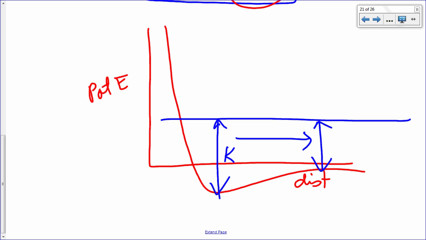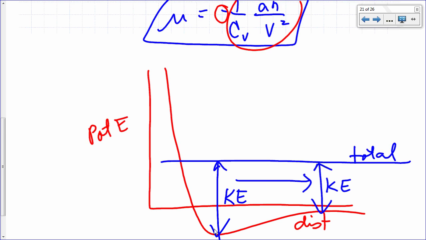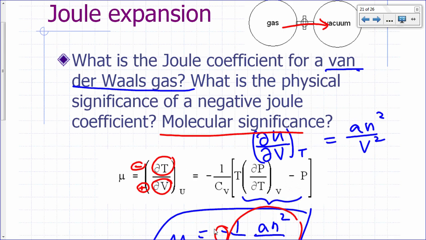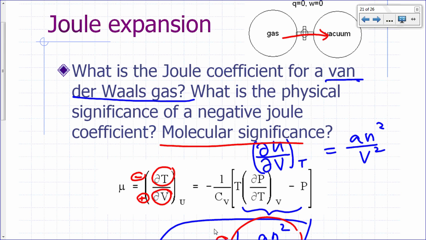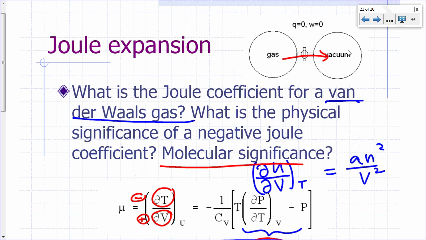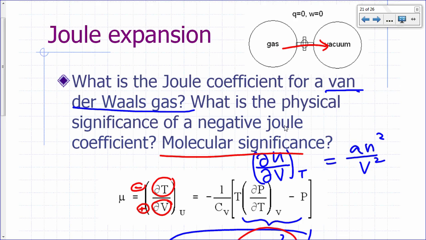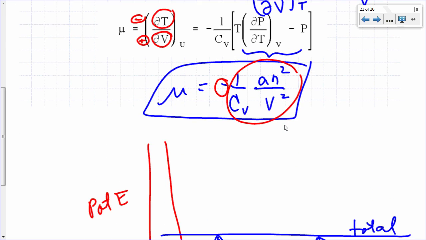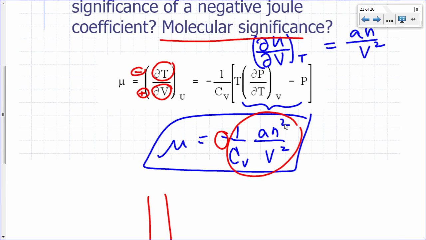This difference between the total energy and the potential energy is your kinetic energy. So expansion of your van der Waals gas would lead to a decrease in the kinetic energy, and so the temperature of your gas drops, even though there is no heat flow and there is no work. So there's no work done, there's no heat flow, there's no energy change, but the temperature of your gas is going to drop.